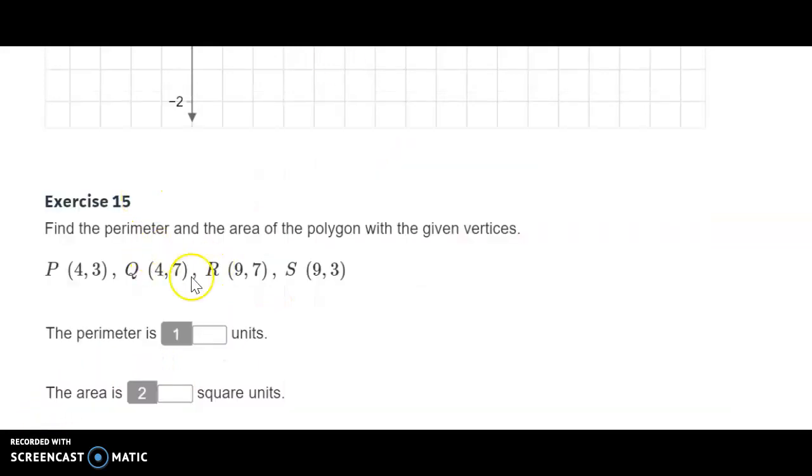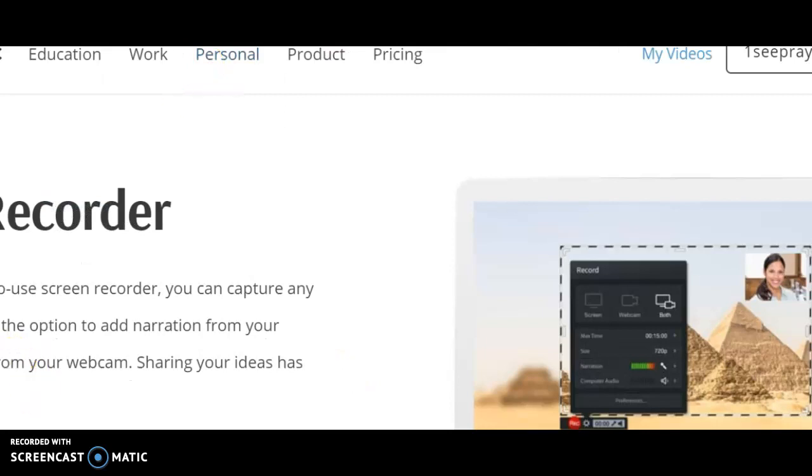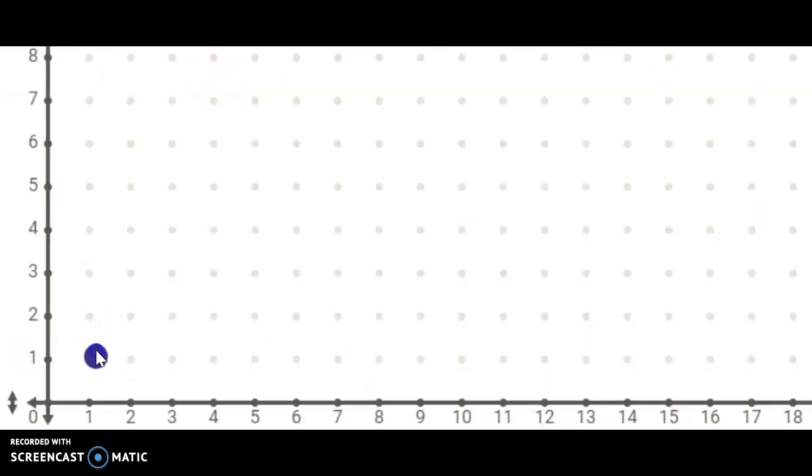Okay, for exercise 15, what they're asking you to do is plot these points. We're going to plot them, and then we're going to figure out what the perimeter is in units, and what the area is in square units. So make sure you're plotting with me. We're going to go over 4, and then we're going to go up 3. And then we're going to go over 4, and we're going to go up to 7.